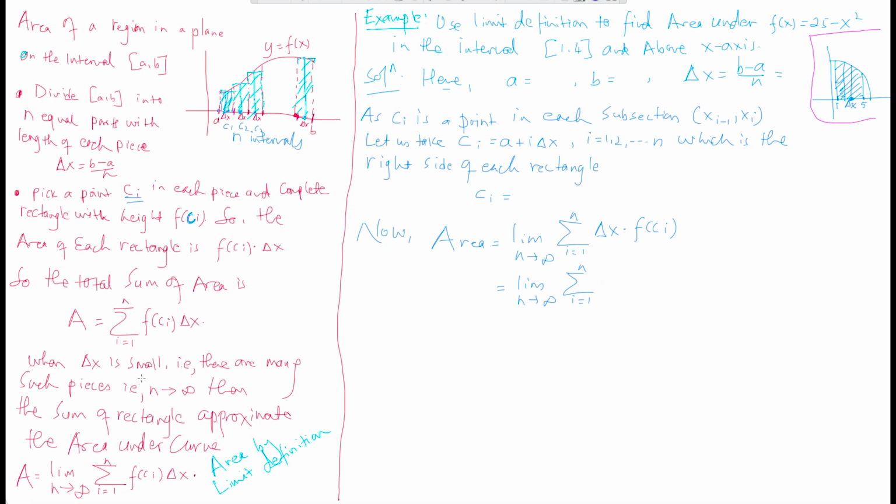When delta x is very small, meaning there will be so many of those pieces, that is, when n tends to infinity and the number of pieces is very big, then the sum of the rectangles approximates the area under the curve.